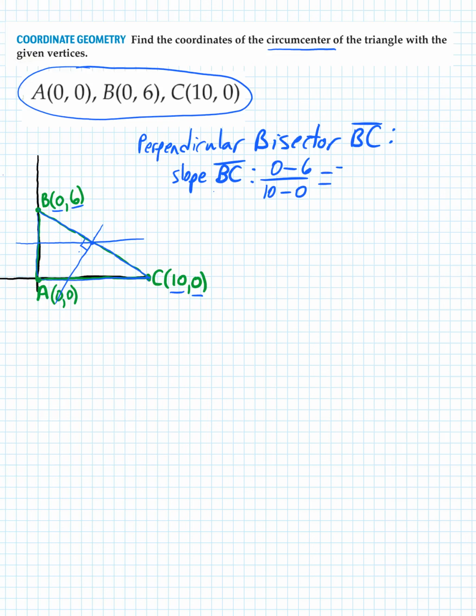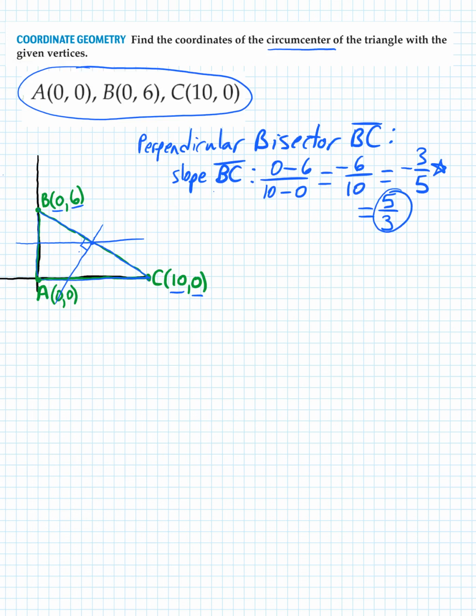That's a slope of negative 6 over 10, which reduces to negative 3 over 5. So the slope we just found is the slope of BC, and we're looking for the slope of the line that's perpendicular to that. Take the opposite reciprocal: if it's negative, make it positive and flip the fraction. So the slope of the line we are looking for is 5/3.